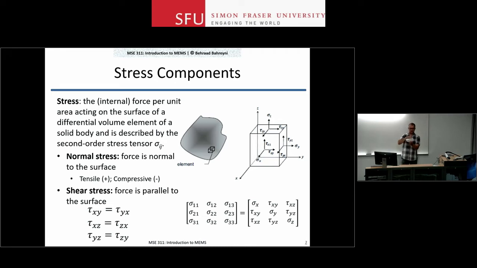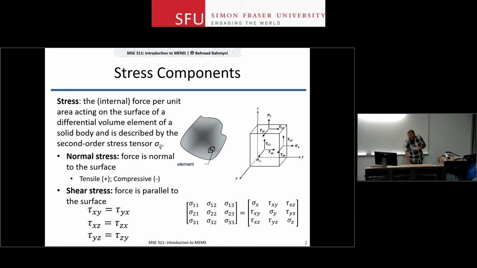If this is x, y, and z, I'm applying normal stress along the x-axis, and I'm looking at the response of the material in that same direction. In that matrix convention, you can see it as sigma 1,1 or sigma x. I don't really have to specify the other axis. It's the same axis. So same thing for sigma y,y and sigma z,z.